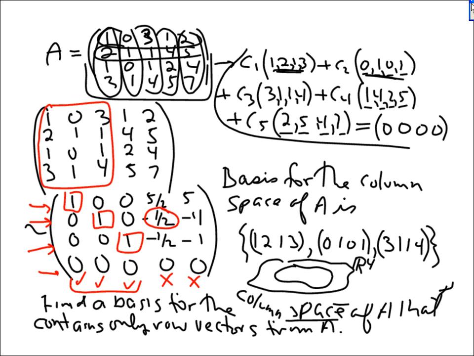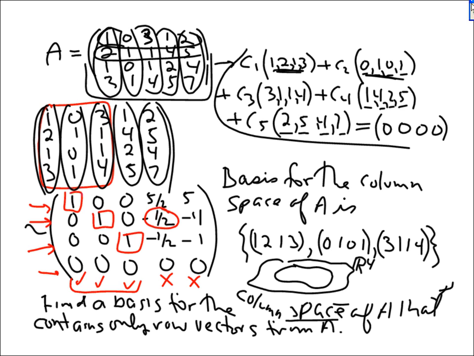Now, do you need all 5 of these vectors to take linear combinations of to get all of these vectors in here and nothing outside of there? The answer is no. You don't need the last 2.